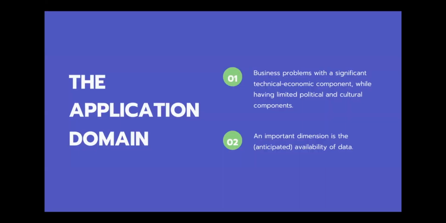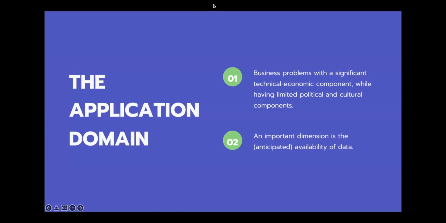And we would like to know the application domain in which our methodology will be applied. Our methodology will be applied more successfully and effectively to those business problems with a significant technical-economic component, while having limited political and cultural components.